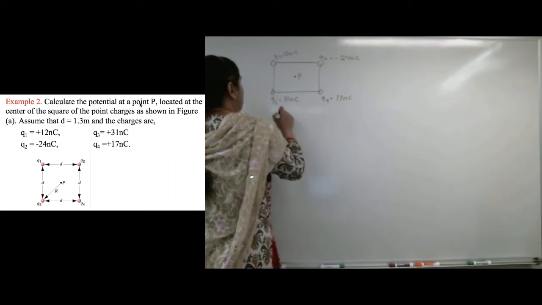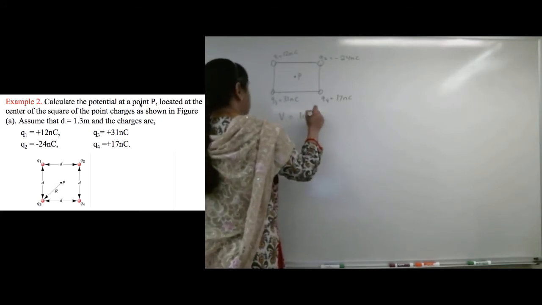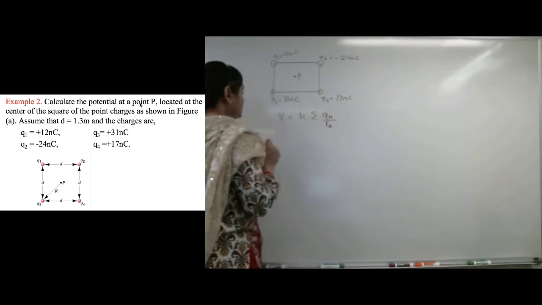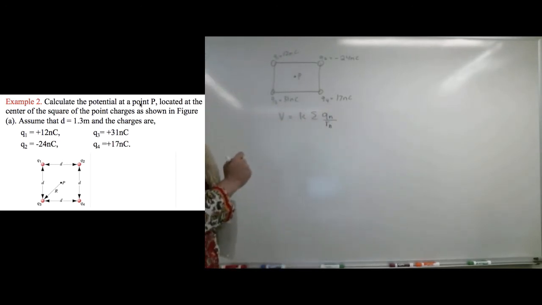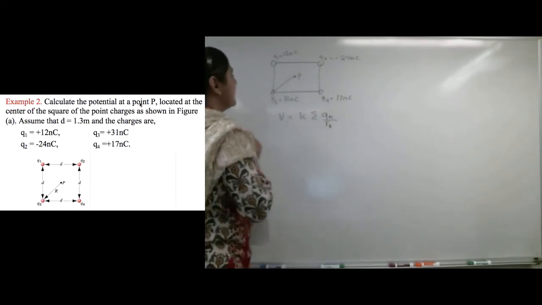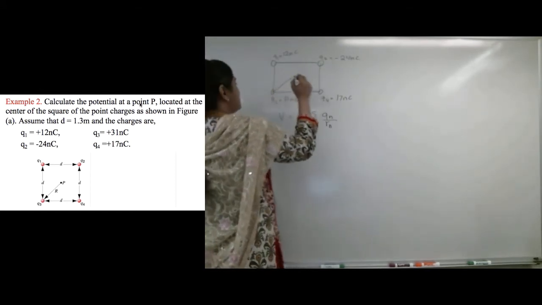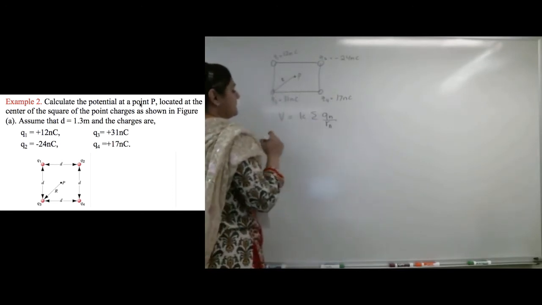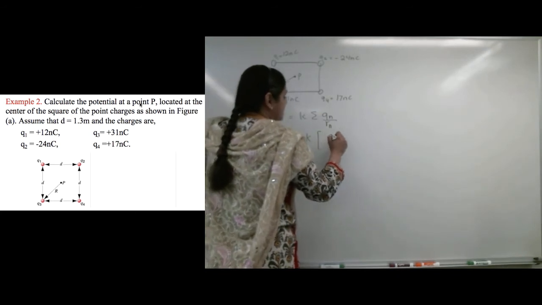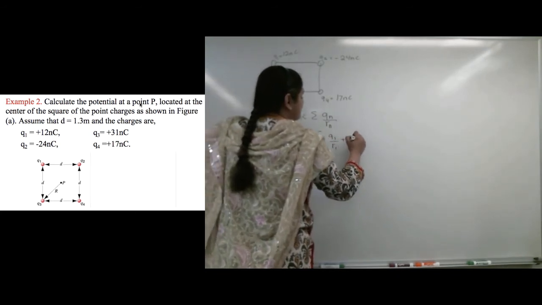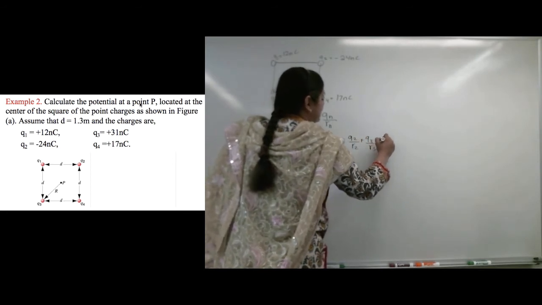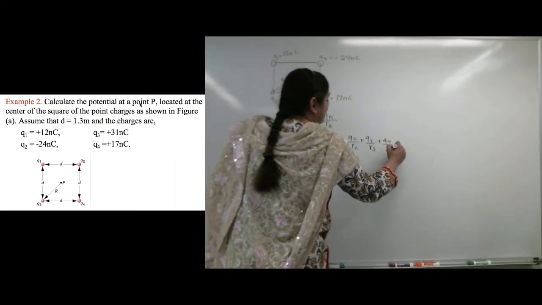Now what do I know? I know V will be equal to K sigma Qn over Rn. Since this is a square, it makes my life a little bit easier because I can calculate what this distance is, and that will be my R. So what I'm going to end up doing is I'm going to need K Q1 over R1 plus Q2 over R2 plus Q3 over R3 plus Q4 over R4.